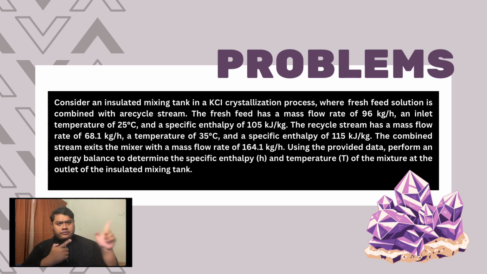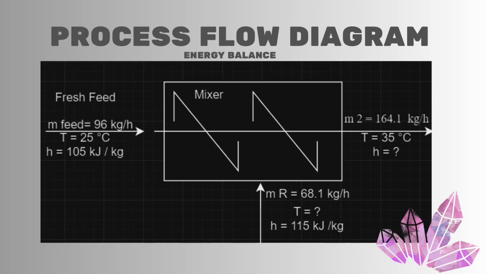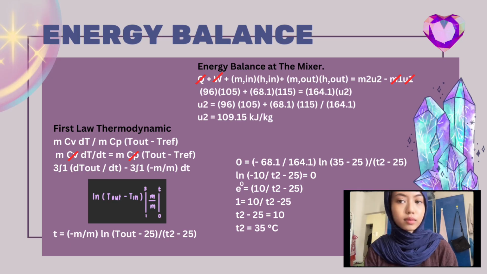So we move on to the process diagram. For the energy balance questions, the heat and work interactions, as well as the enthalpy of the entering and departing streams, were taken into account while analyzing the energy balance at the mixer.